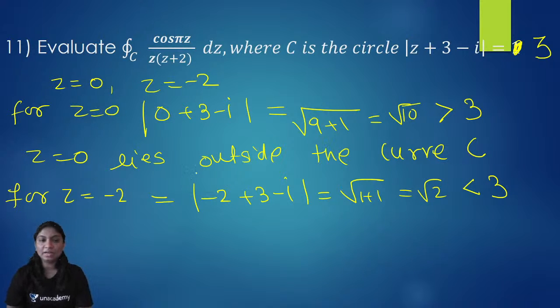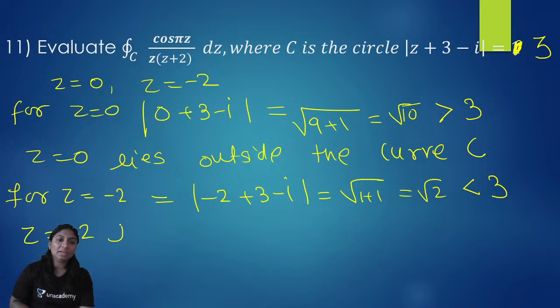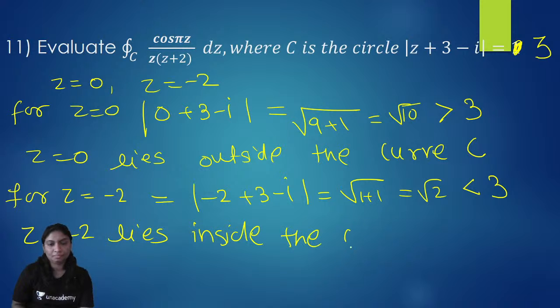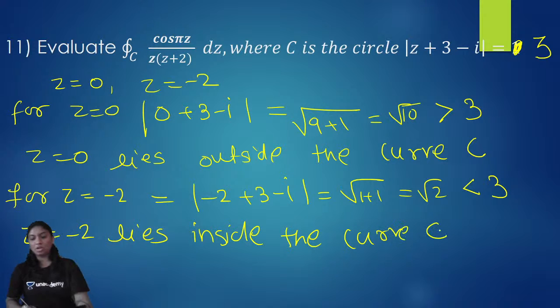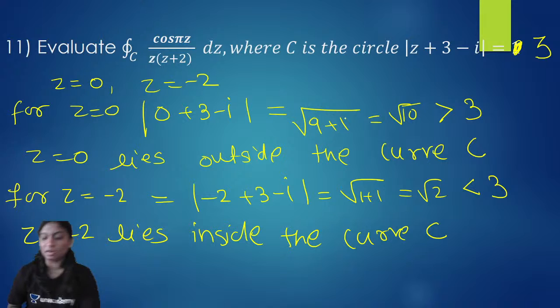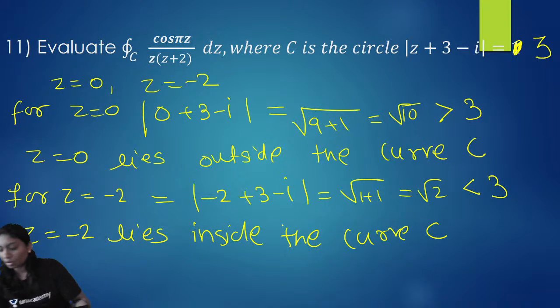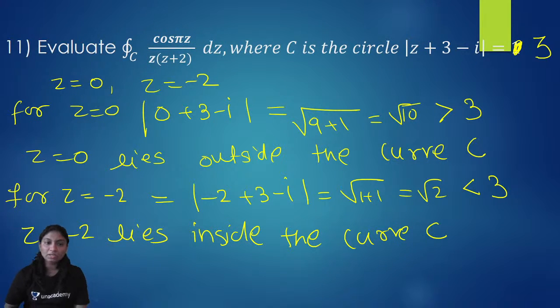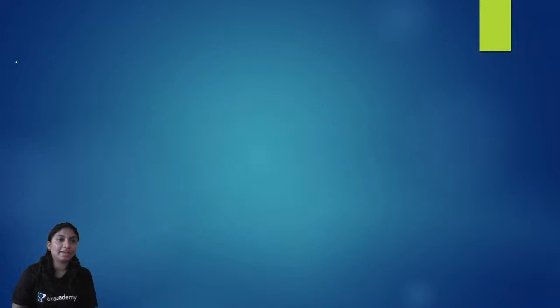So obviously here z is equal to minus 2 lies inside the curve C. Okay. So we can find out the residue for z is equal to minus 2. We will calculate the residue of f(z) at z is equal to minus 2.